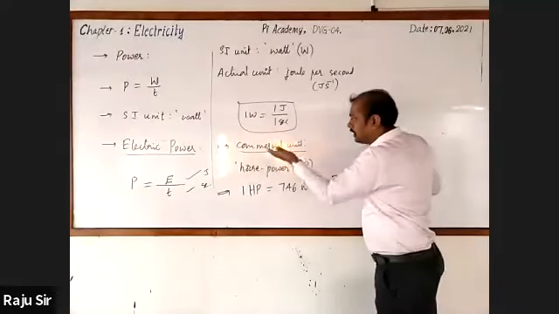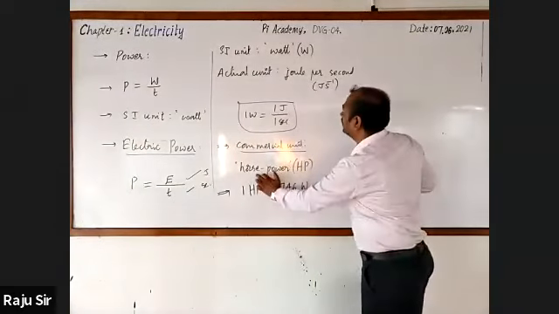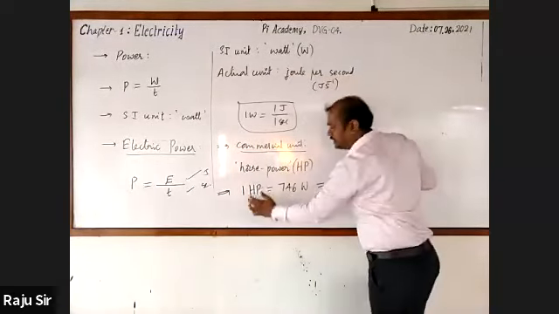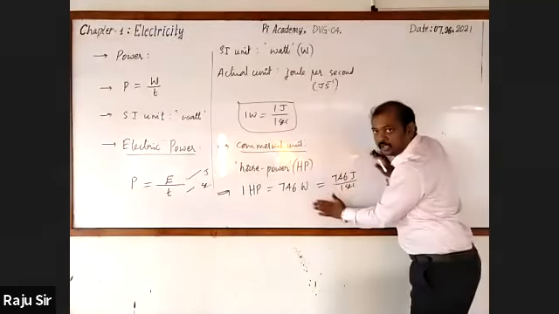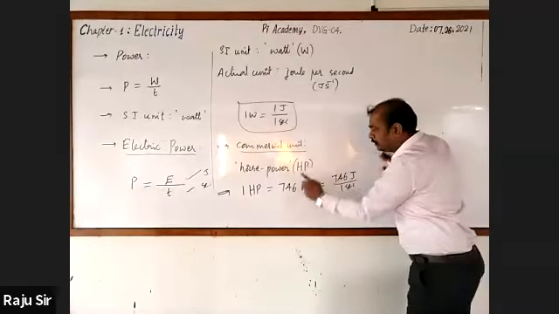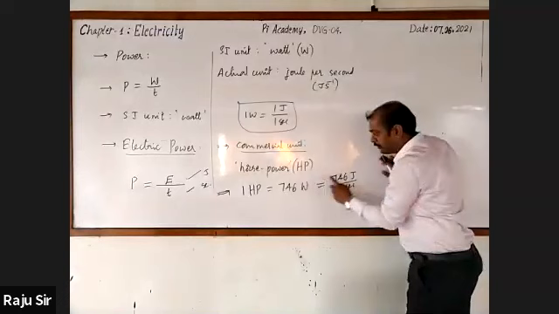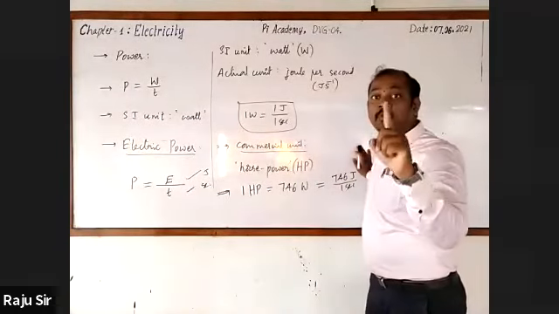Horsepower is also called commercial unit of electric power. And the relationship between horsepower and watt is 1 horsepower is equal to 746 watt, which means that the electrical component will consume 746 joules of electrical energy in just 1 second.